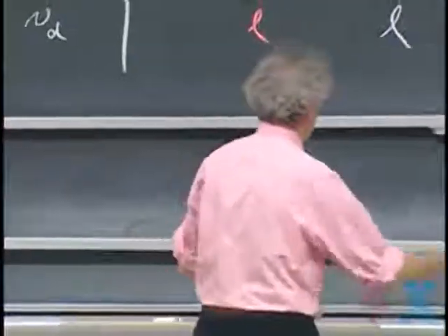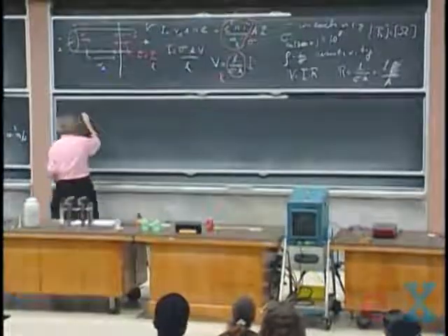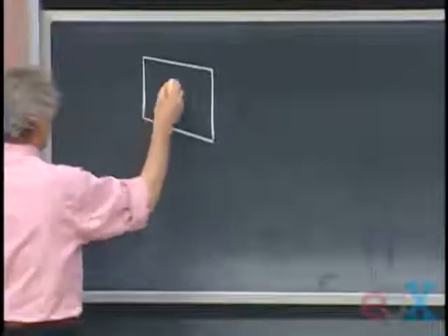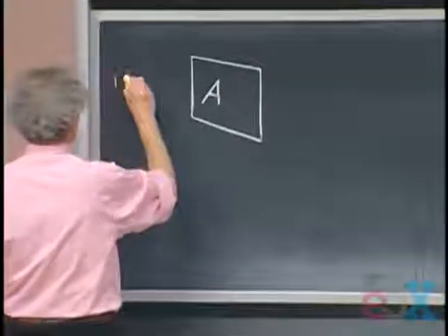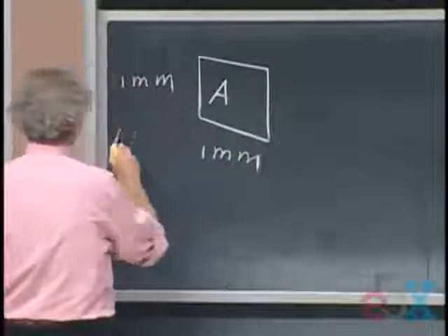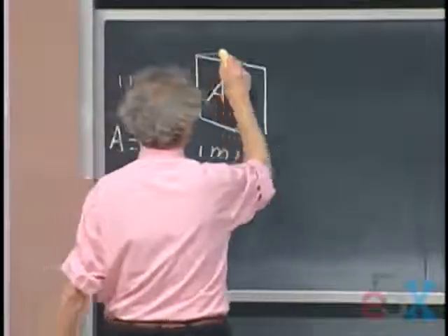So I'll start off with a chunk of material, cross-sectional area A. Let's take it 1 millimeter by 1 millimeter. So A is 10 to the minus 6 square meters.